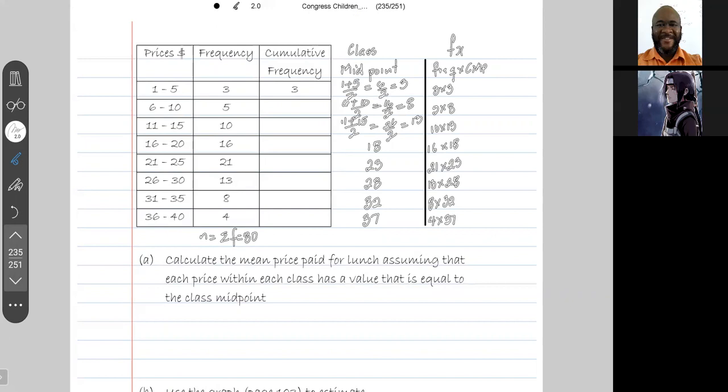So let's multiply. So here it's 9, then 40. This is 130.